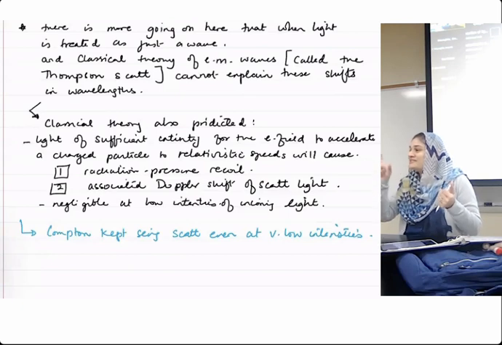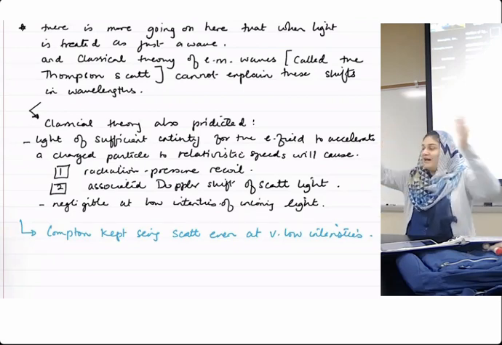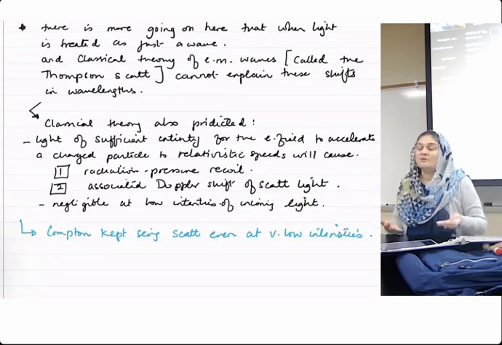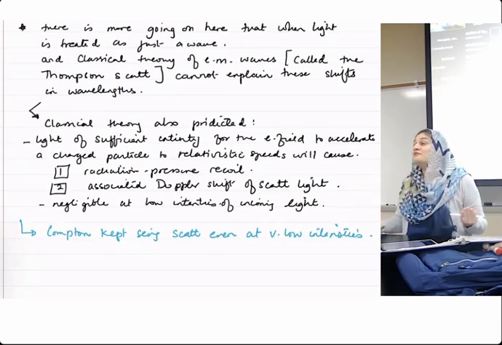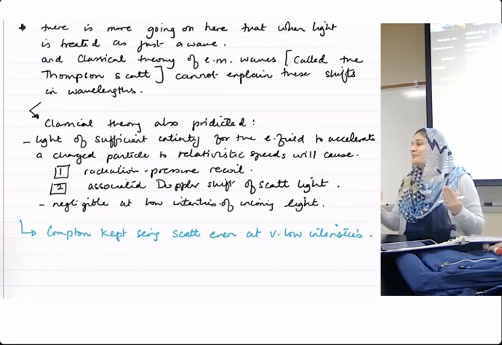So frequency is the thing that's changing everything. Remember in photoelectric effect, we kept increasing the frequency and suddenly it started, and now it doesn't matter how intense the light is, it will still keep ejecting. That's exactly what Compton was seeing, at least 15 years after Einstein had predicted that to happen.